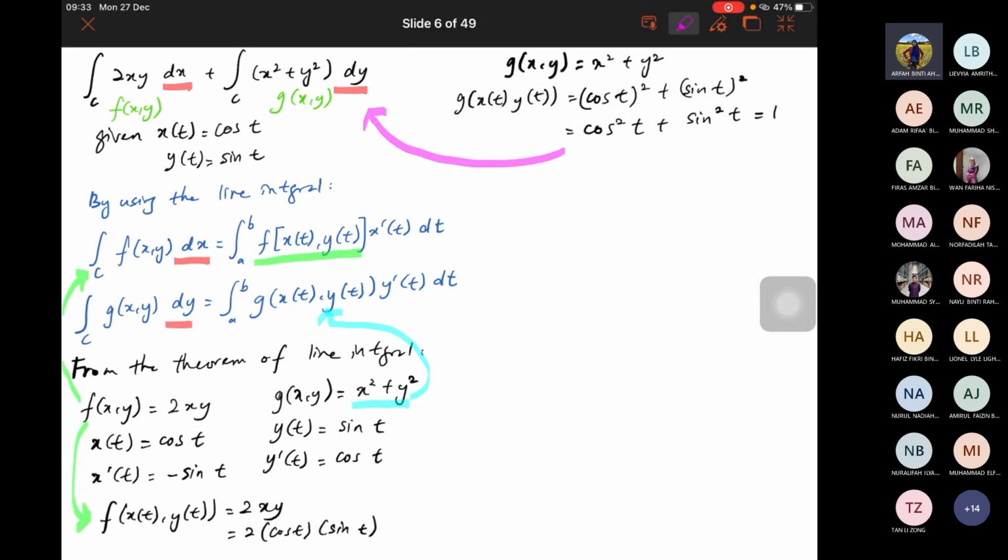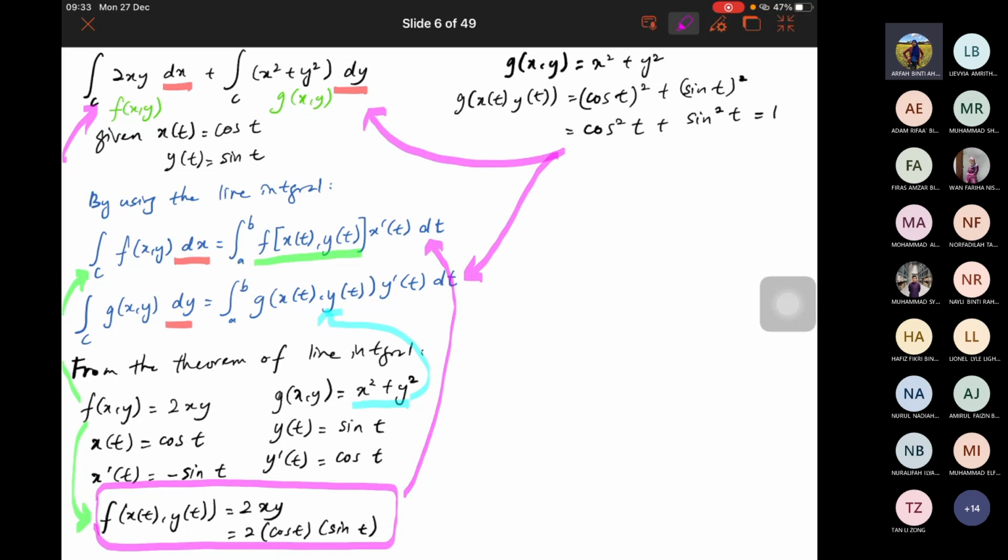Yang ini and also this one dekat dalam yang ini. Yang ini gantikan dekat dalam ni. This one masukkan dekat dalam that one. So kita tengok nanti macam mana nak dapatkan the what we call it, the integration by using line integral. So yang nak salin boleh salin dulu. Sekejap lagi saya nak tunjukkan how to find the integration using line integral.